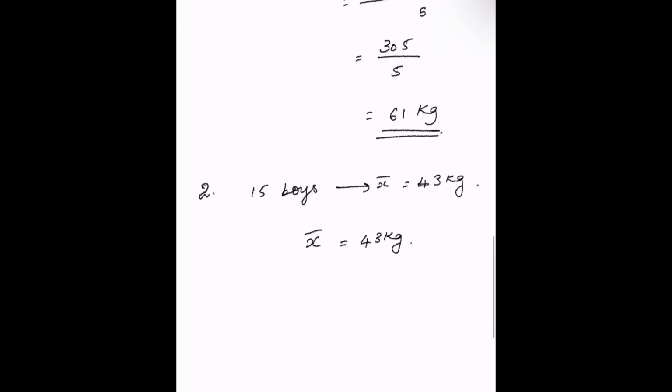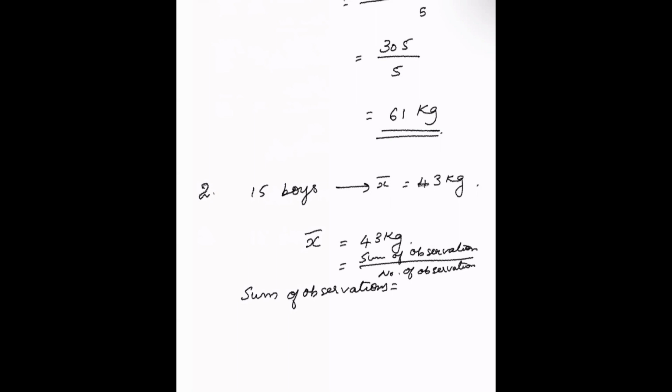What would be the sum of observations here? See, how are you getting mean? Mean is nothing but sum of observations divided by number of observations, right?